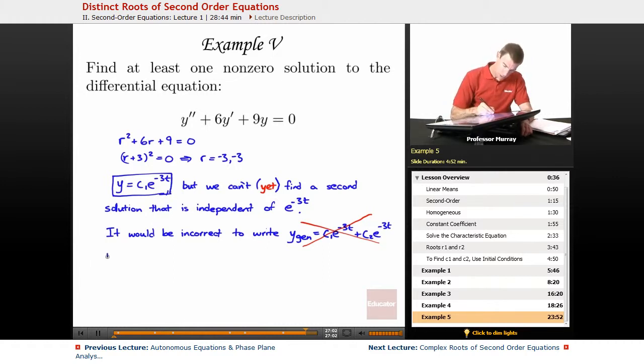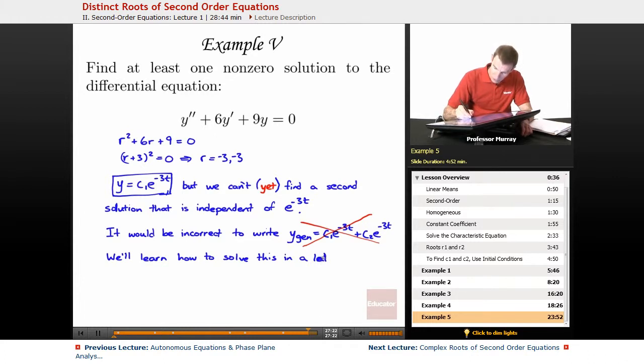There is another way to solve these equations with repeated roots, and we'll learn how to do that in a later lecture.